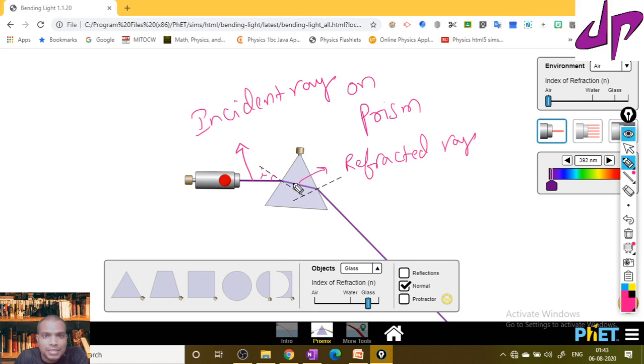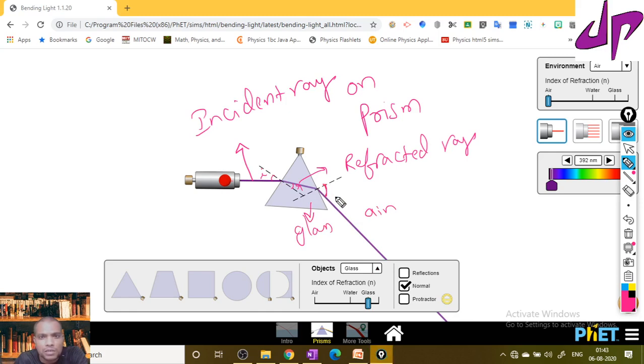The ray which is inside the prism, this angle we can take as r. And if you take one more, the light ray which is coming from inside to outside, from glass to air, again it is bending away from the normal.